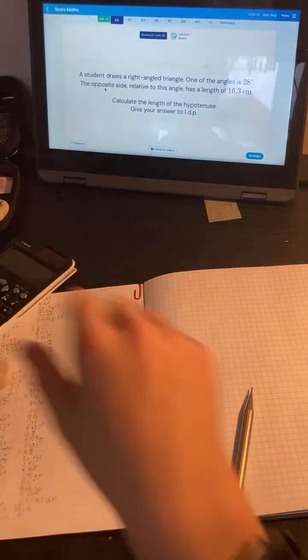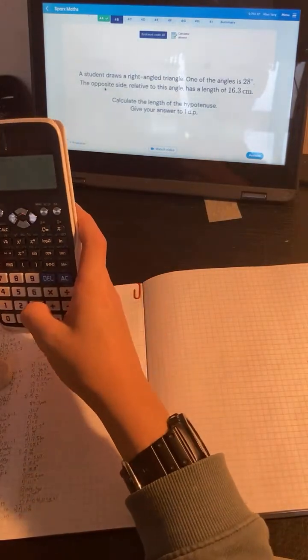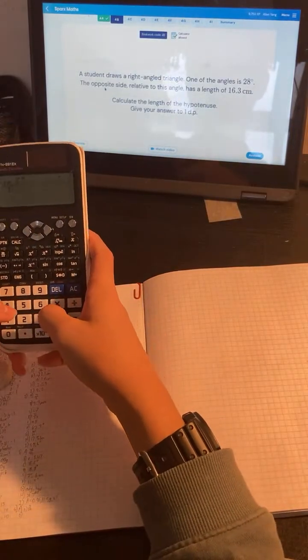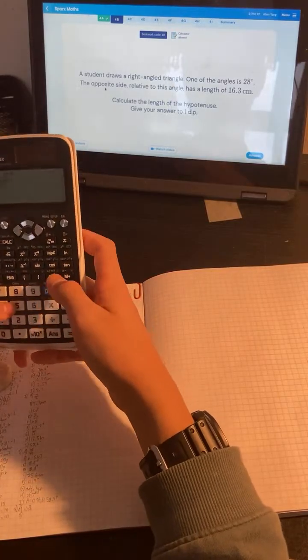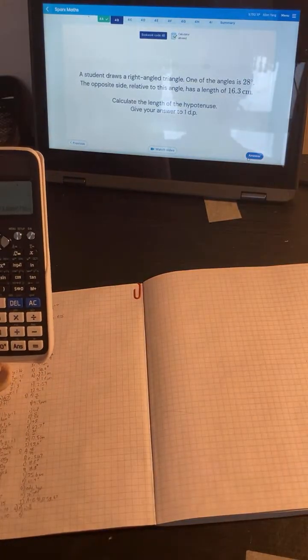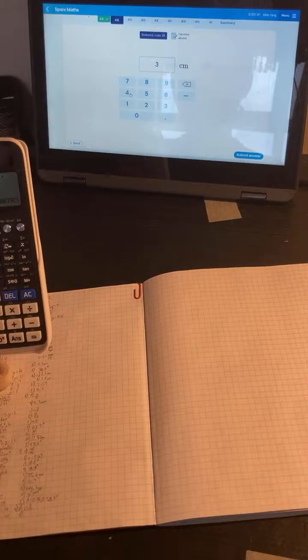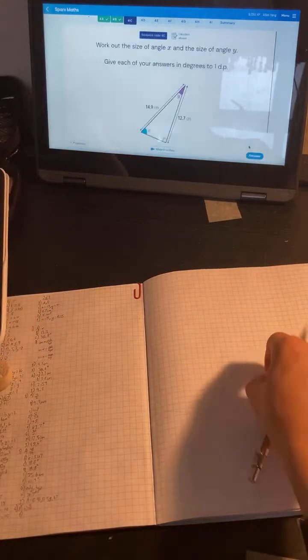So it's opposite over hypotenuse. So you just do 16.3 over sine 28. To 1 dp, 34.7. Boom.